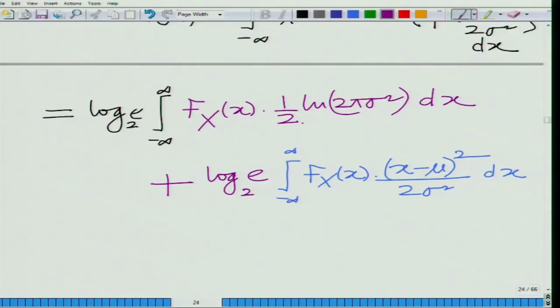Now you can see that in the first integral, half log 2 pi sigma square is a constant, so this will come out of the integral.